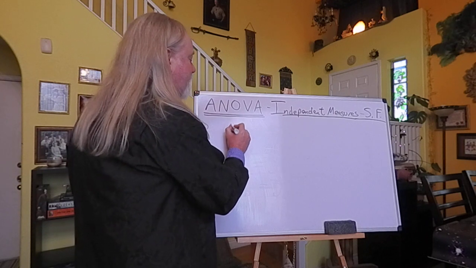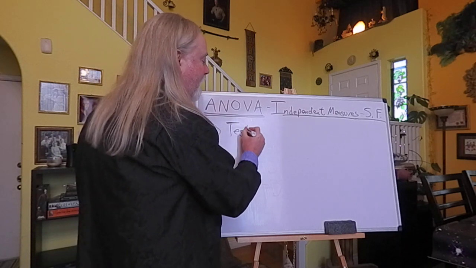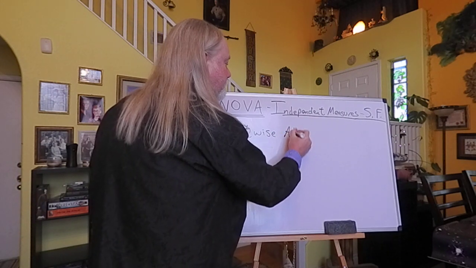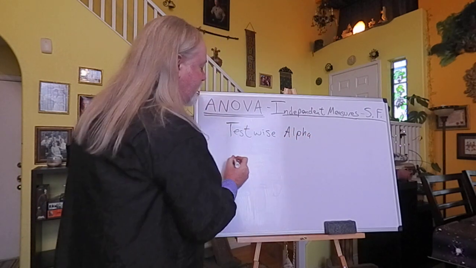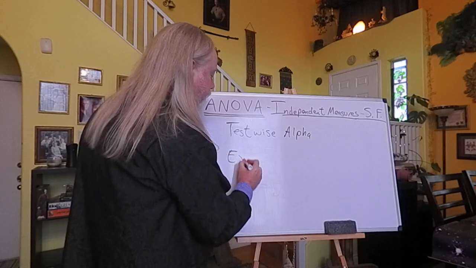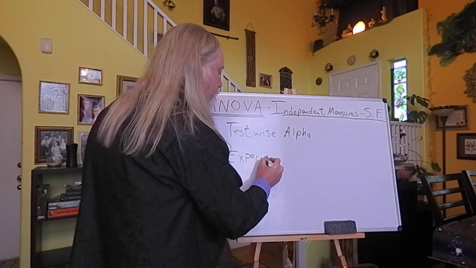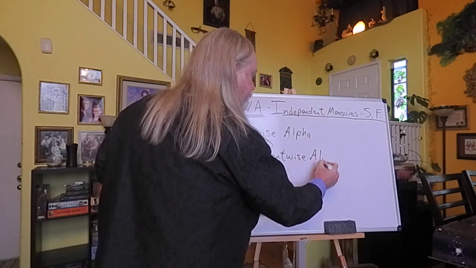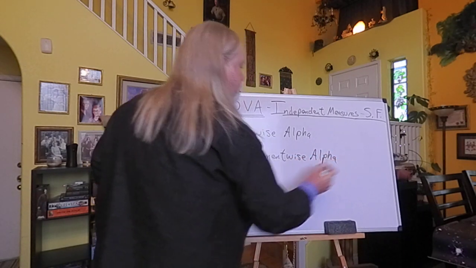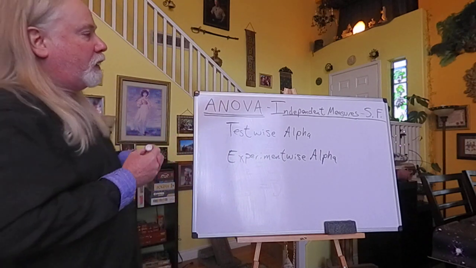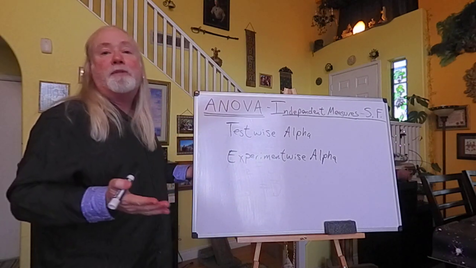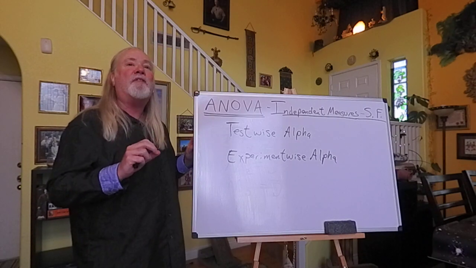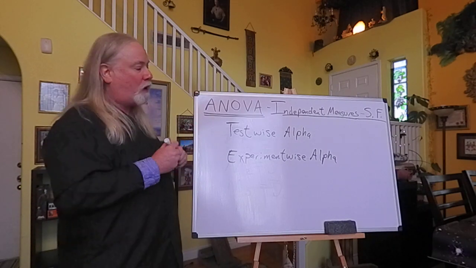There's what we call our test-wise alpha level. And then we have the experiment-wise alpha level. So when we are in our step 2, choosing an alpha level, what we're doing is we're picking an alpha level for the entire study at once.